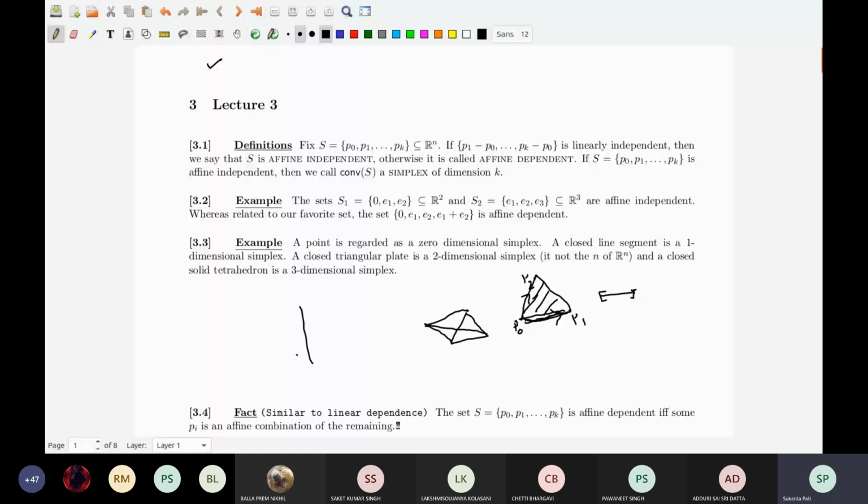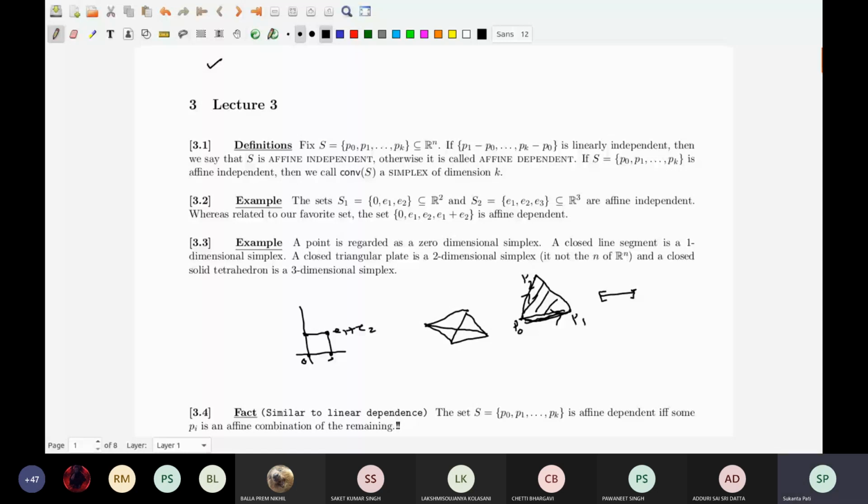This is affine dependent, because if you take E1 minus E0, that is E1, and then E2 and E1 plus E2, these are linearly dependent. So this is your 0, this is E1, this is E2, and these 3 vectors are linearly dependent. So this set is affine dependent.